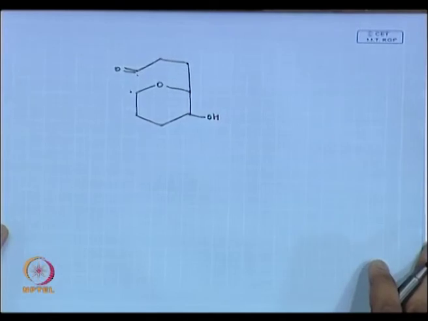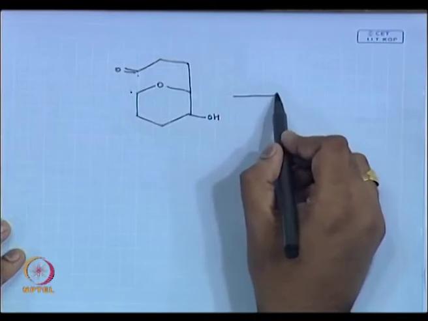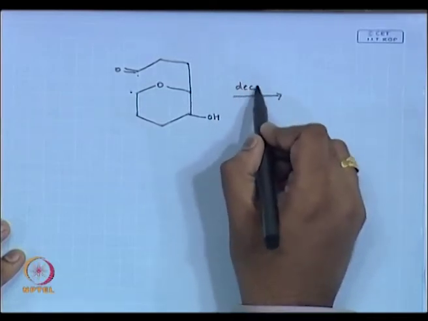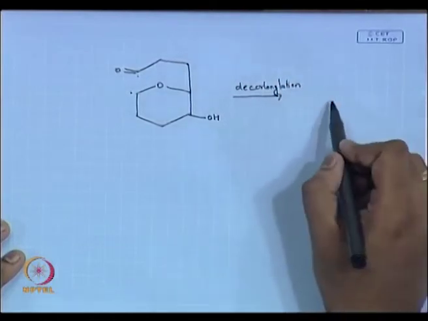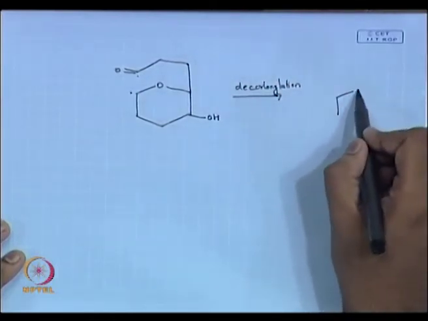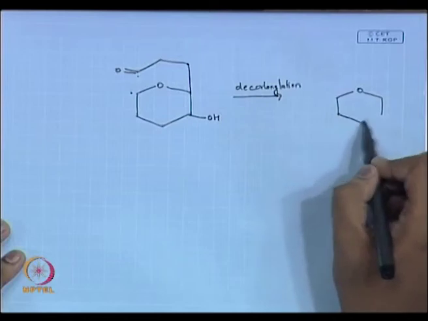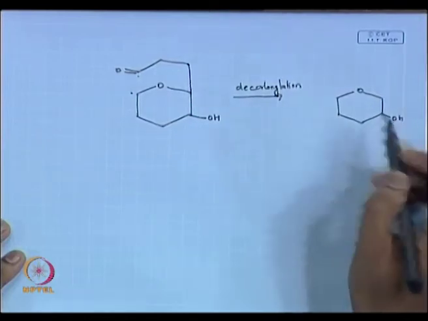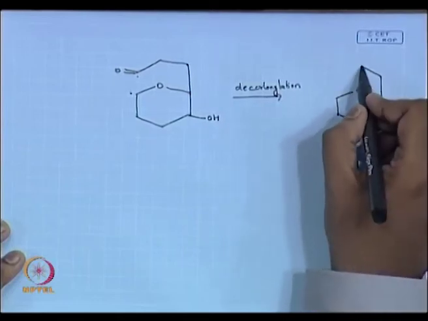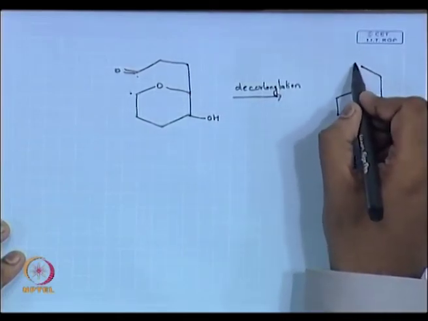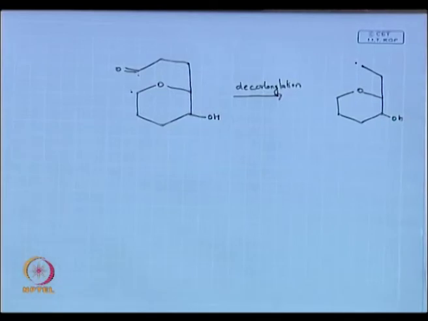Okay, if I do decarbonylation, as you said, what am I going to get? I get a radical. See, that's why I said it will be a little bit from here. Why does the molecule want to generate this radical? After this, what does it want to do?